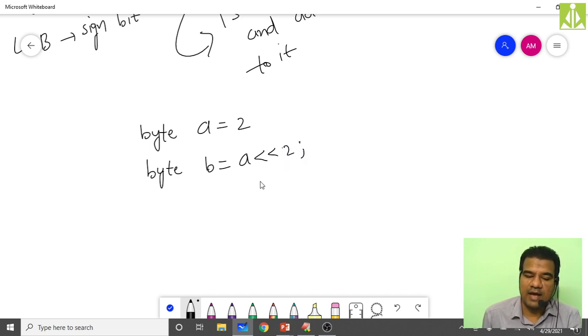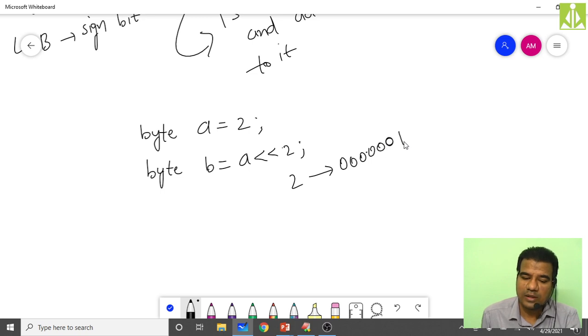What is the A value? Here we have A value 2. As it is a bitwise operator, it operates at bit level, so convert this 2 into bits. 2 means 6 zeros followed by 1 0.